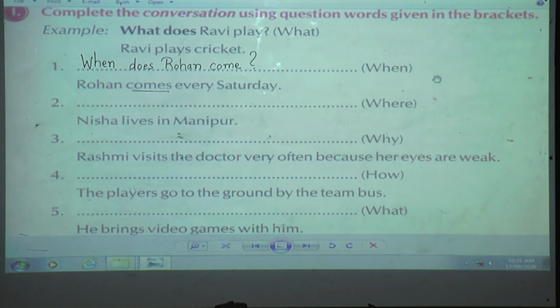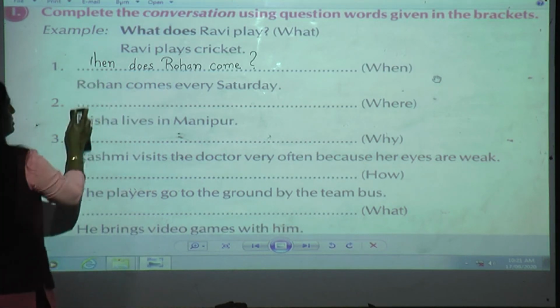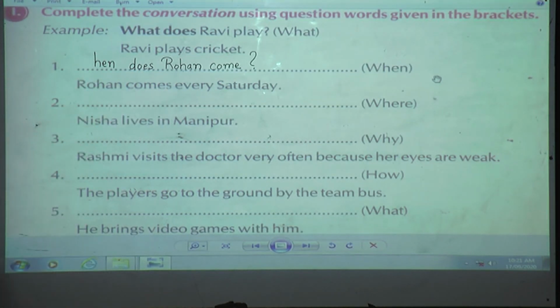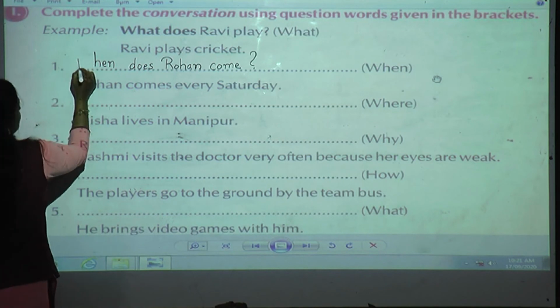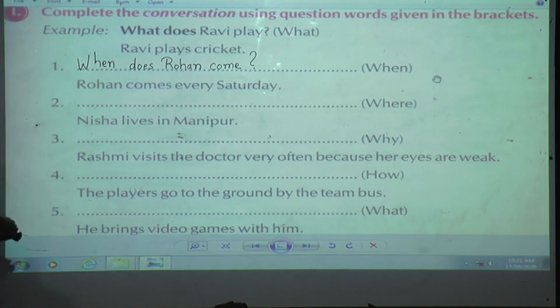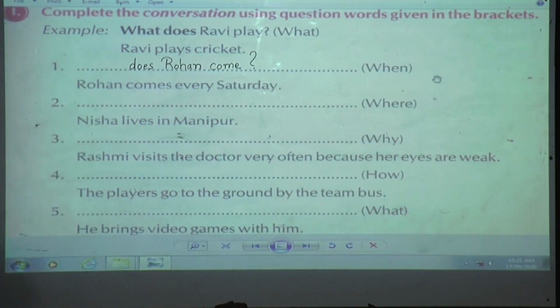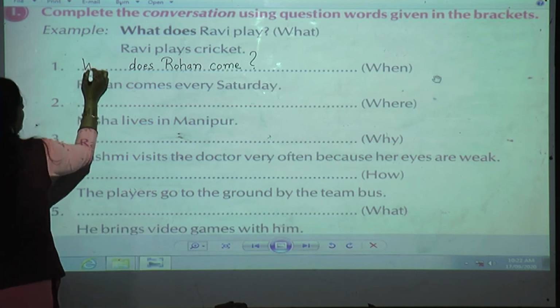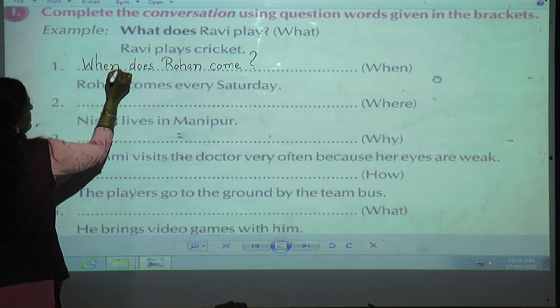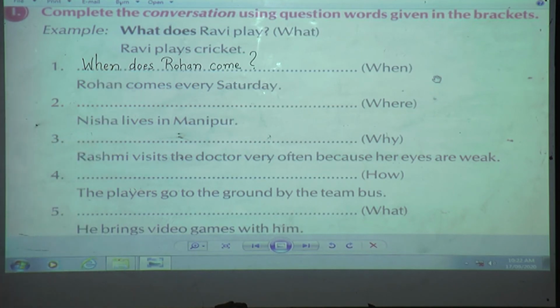Till the verb only we are going to write. When does Rohan come? Got it? This question was of this.